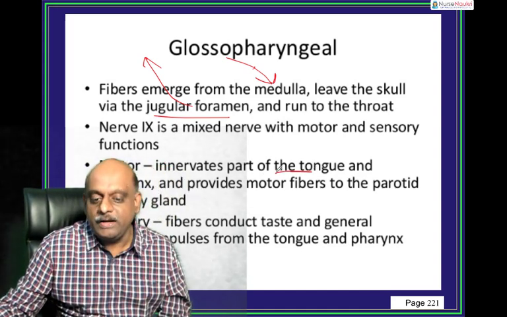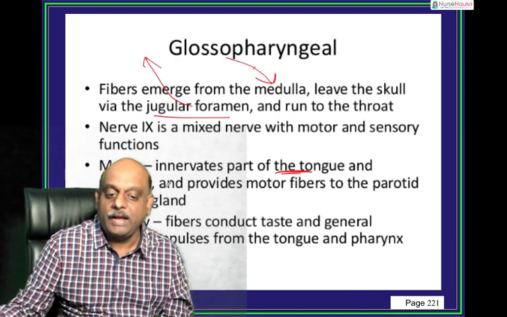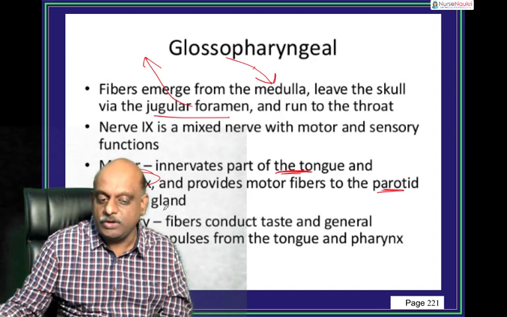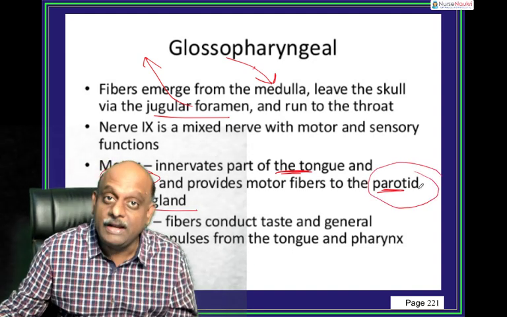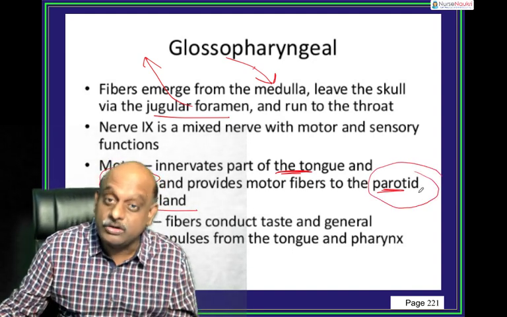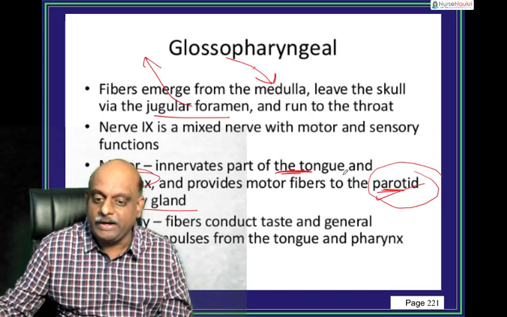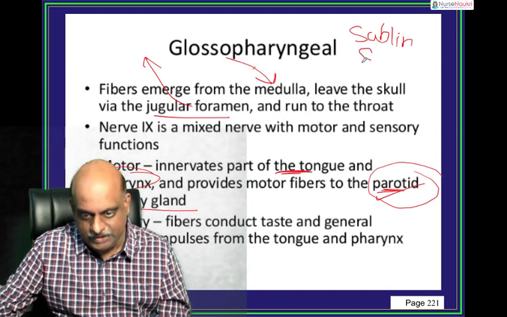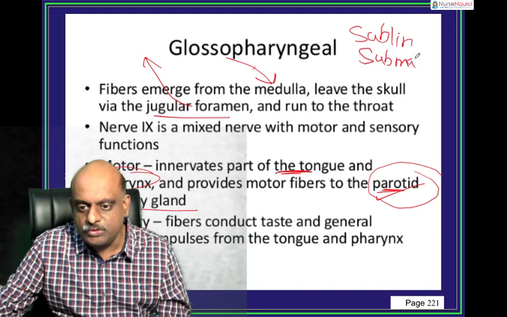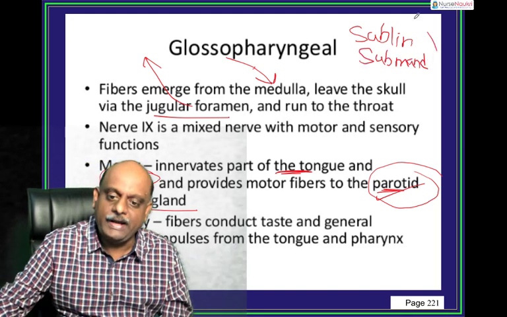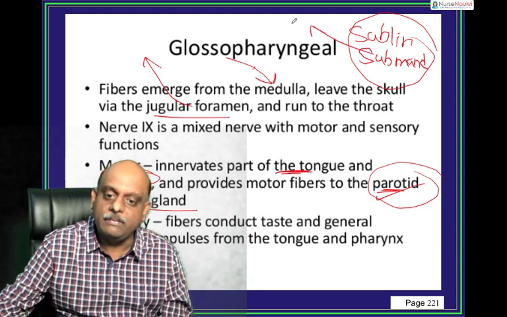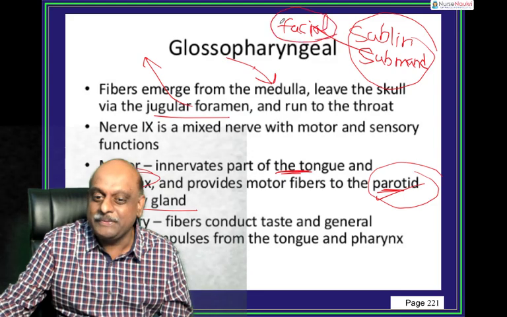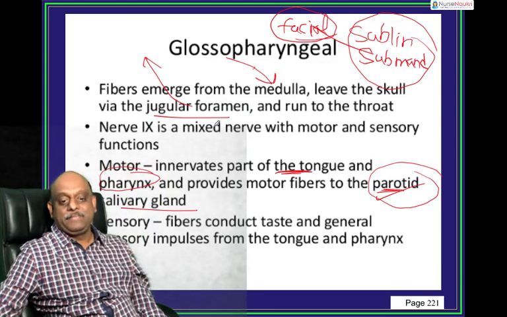And the motor innervates the tongue and the pharynx and provides the secretomotor fibers to which salivary gland? From the glossopharyngeal, the parotid. Already we discussed, no doctor? Sublingual, submandibular, ये दो salivary glands जो हैं, इसको secretomotor fibers, parasympathetic, comes through the facial nerve is what you need to remember.